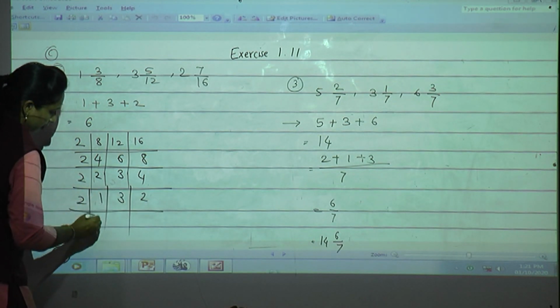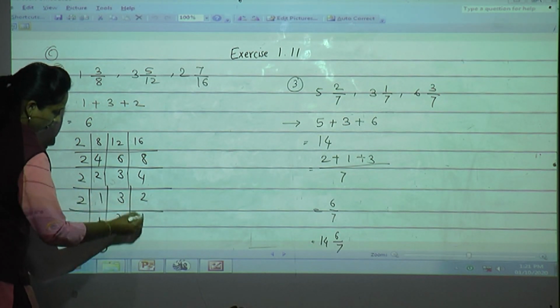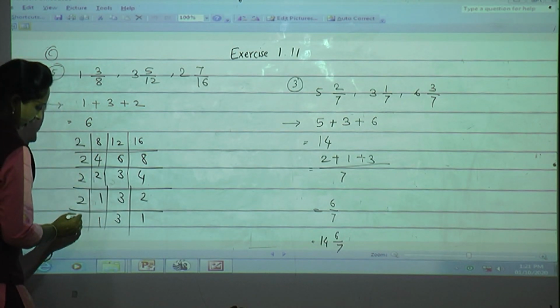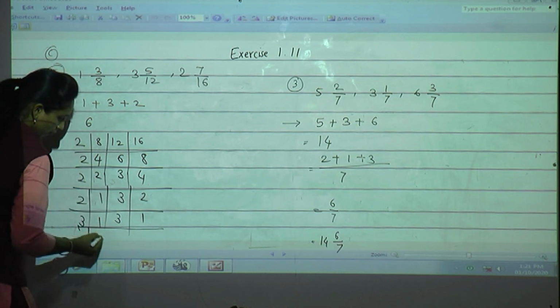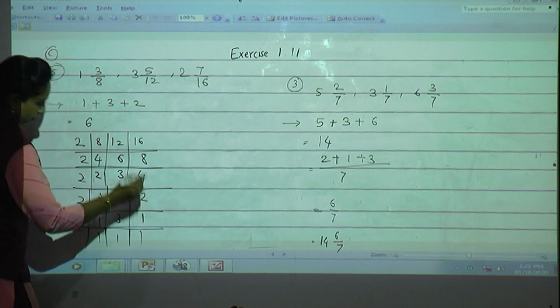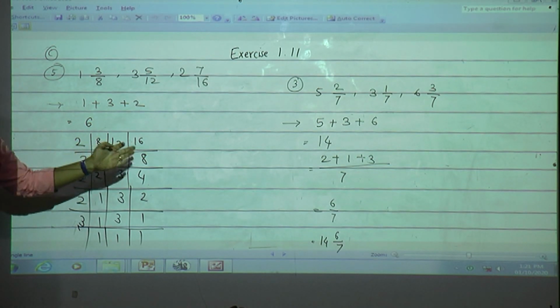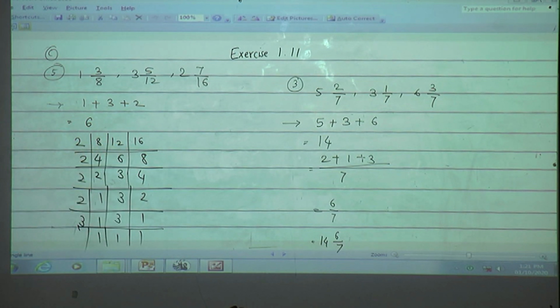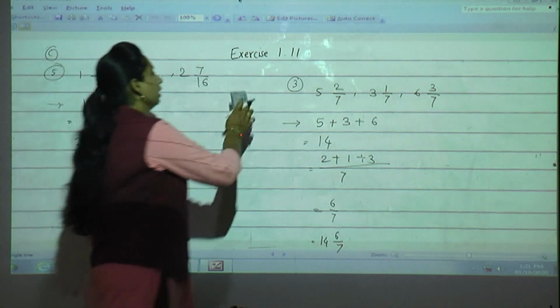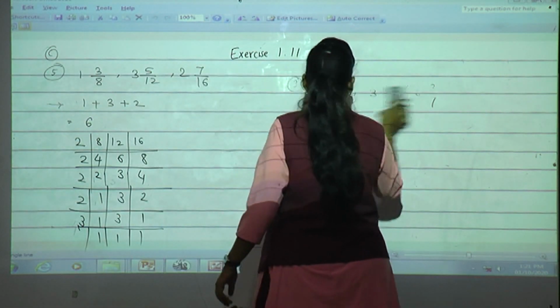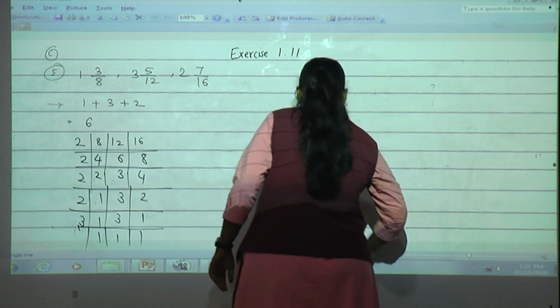Again I'll go with 2 only, 1 as it is, 3 as it is, 2 1s are 2. Now 3 is remaining, I'll go with 3 now. 1 as it is, 3 1s are 3, 1 as it is. Now these are the factors of 8, 12 and 16. We have to multiply together.